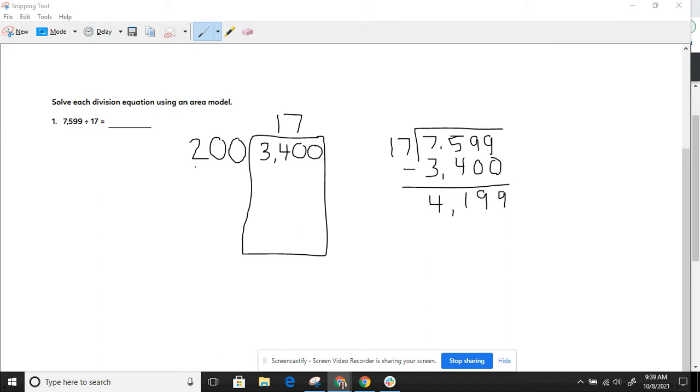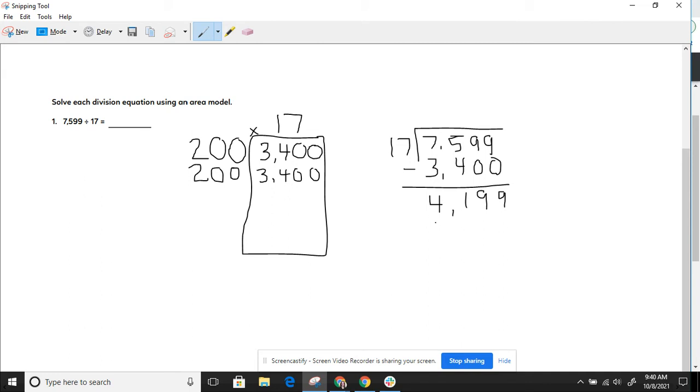Why not use the same number again if it gets us close? We're multiplying here, so that little X can help you remember. I know 17 times 200 is 3,400. We just solved that one, but we're using that number again because 3,400 is very close to 4,199.